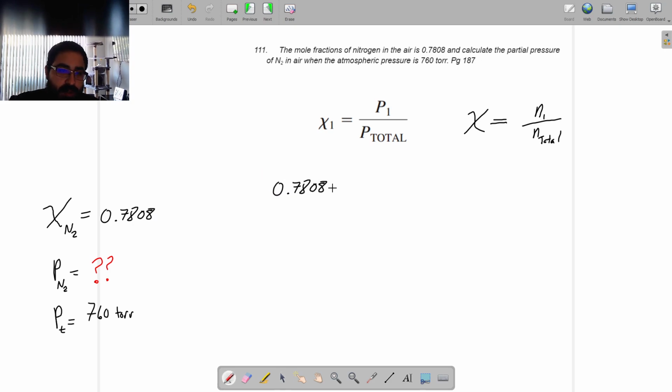The mole fraction was 0.7808. We don't know the pressure of N2, but we do know that the total pressure was 760 torr.